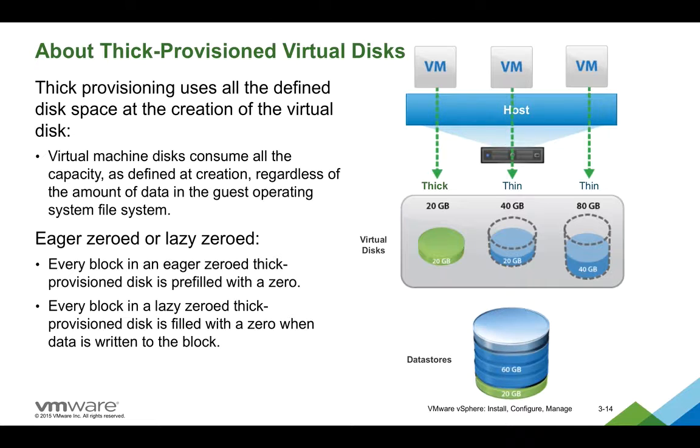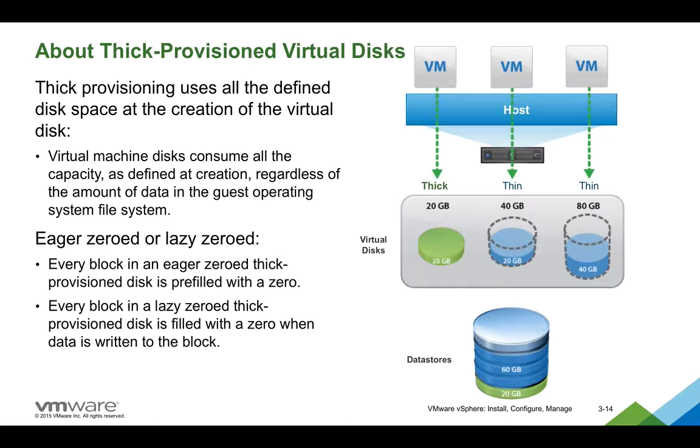So let's take a look at an example. If you have 10 gigabytes of actual physical disk space, and you thick provision an 8 gigabyte virtual disk on the virtual machine, only 2 gigabytes will be available for use by other virtual machines.